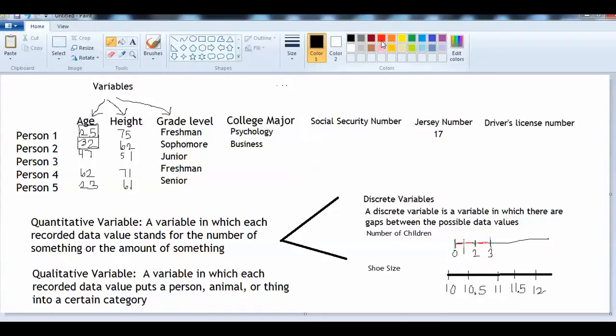So here we have gaps in the number line again. A person will never have a shoe size between 10 and 10.5, or between 10.5 and 11.